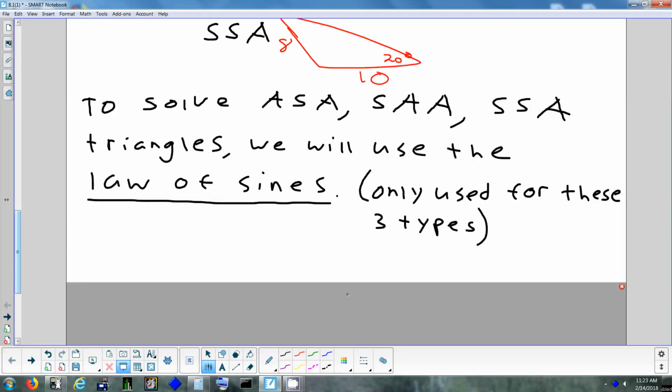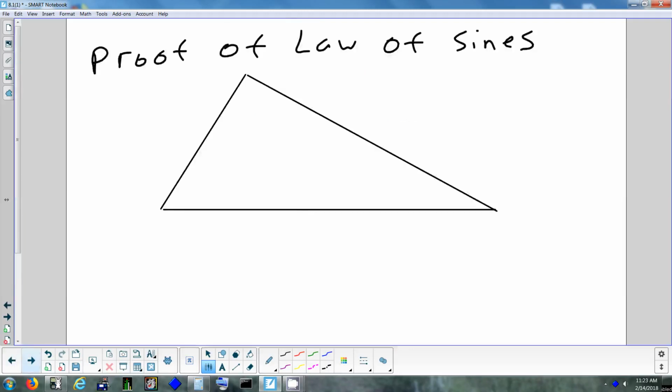On the next test, you're going to have a choice. Is this a problem you use law of sines, or should you use law of cosines? How do you decide? If it's one of these three types, use law of sines. If it's not, you do something different, which you'll learn next week. All right, so let's see if we can figure out what the law of sines is.